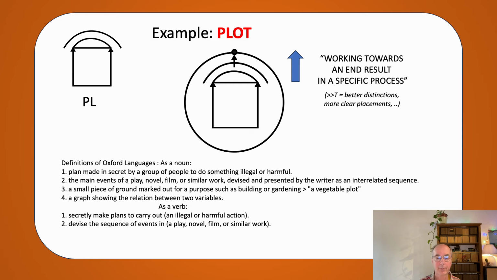Does this match? What I said is it's all about working towards an end result of a specific process. Maybe I can express it better, but does that fit with a plan made in secret? This secret is not visible, but it is a plan working towards an end result. So as this plotting, it is there. The main events of a play in a certain sequence of events.